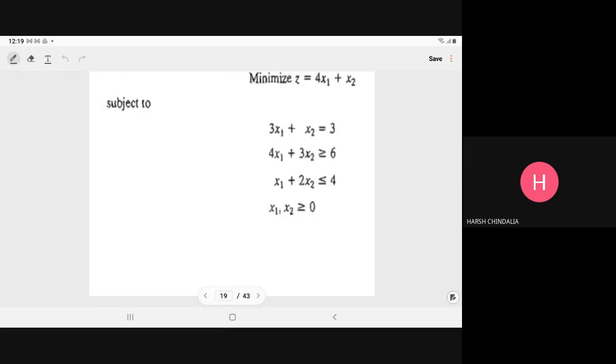In the two-phase method, we have two phases, phase 1 and phase 2.